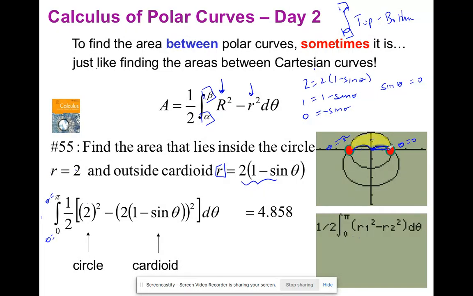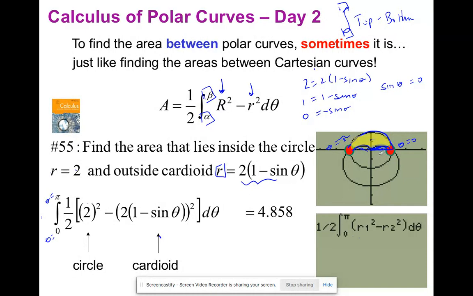Radiate out, going 0 degrees. Radiate out, going a little bit of radians. Radiating out, and that's why for the cardioid I subtracted off.